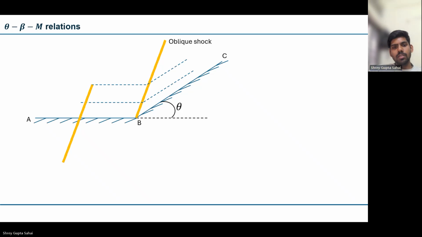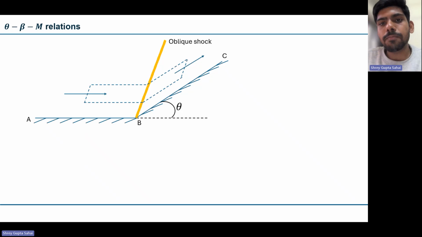So if we want to analyze this, the control volume we can choose in this manner, and there will be a flow in this control volume, and there will be a flow at this end.